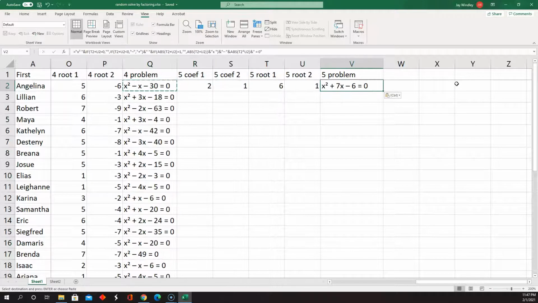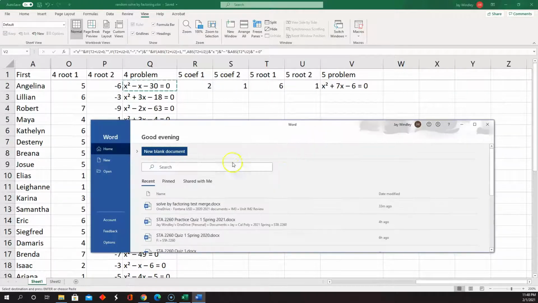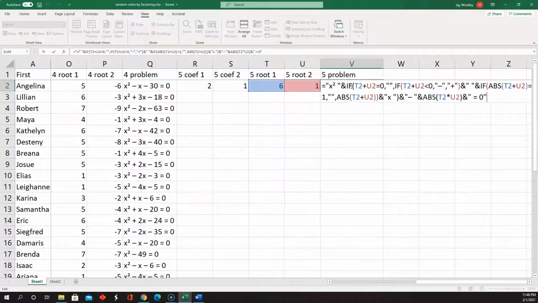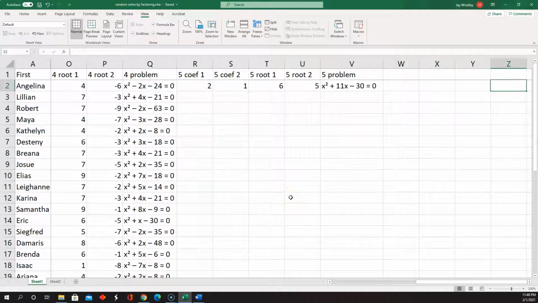And I'm going to copy and paste this over here, but this needs a lot of work. Let me open up a Word document right quick. What I'm trying to represent here is the equivalent of 2x plus 6 times 1x plus 1. Because of the foiling and the coefficient of x in the parenthesis, possibly both coefficients of x, I need to make this quite a bit more elaborate.